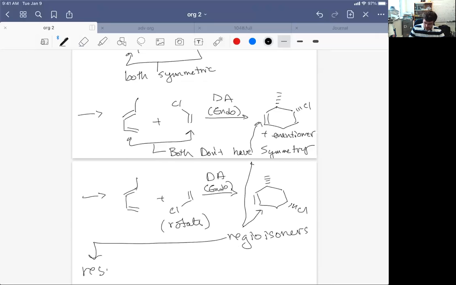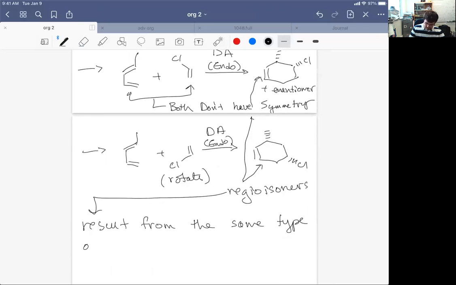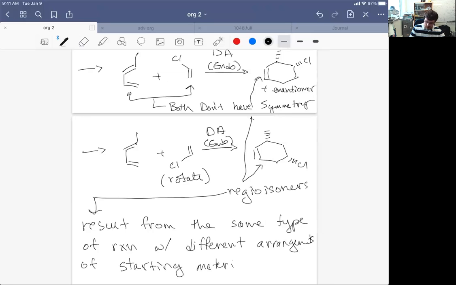They result from the same type of reaction with different arrangements of starting materials, or different parts of the starting materials are reacting. Gosh, such a slippery slope with some of these definitions.